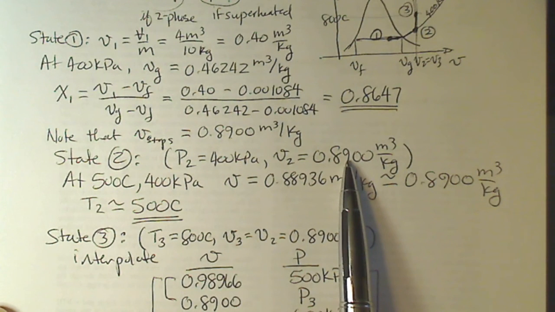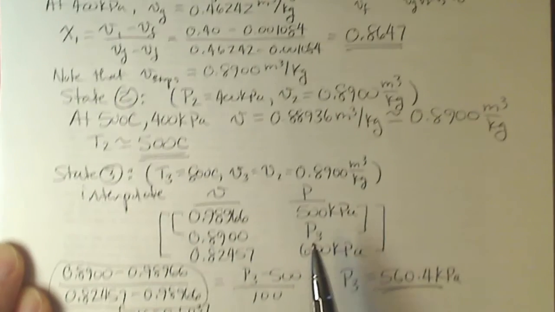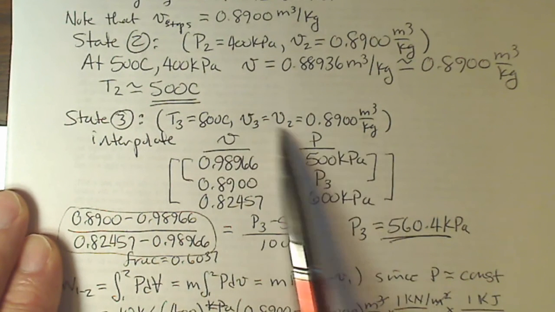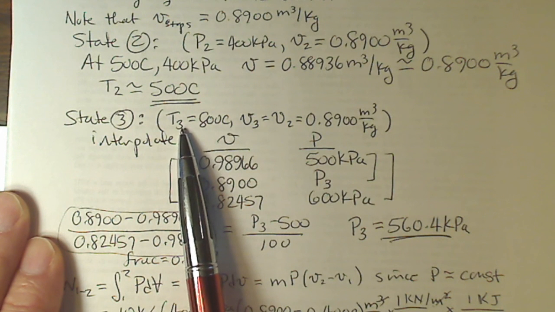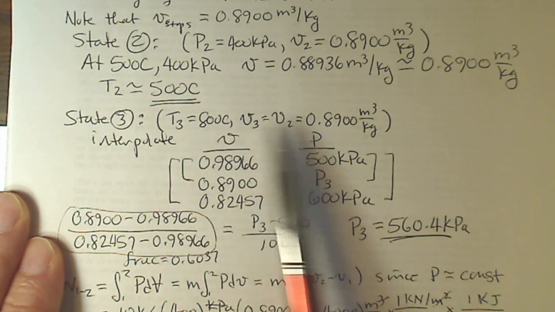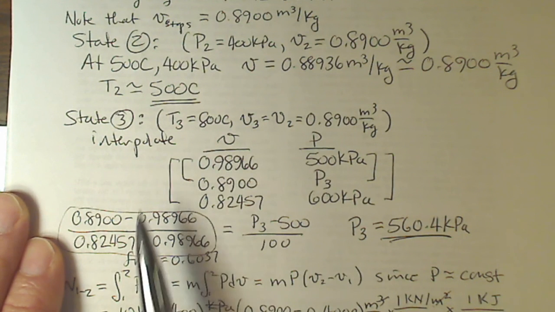And likewise, we had to use the fact that V2 equals V3 to connect to the given information about state 3, so that we now have property coordinates for state 3.